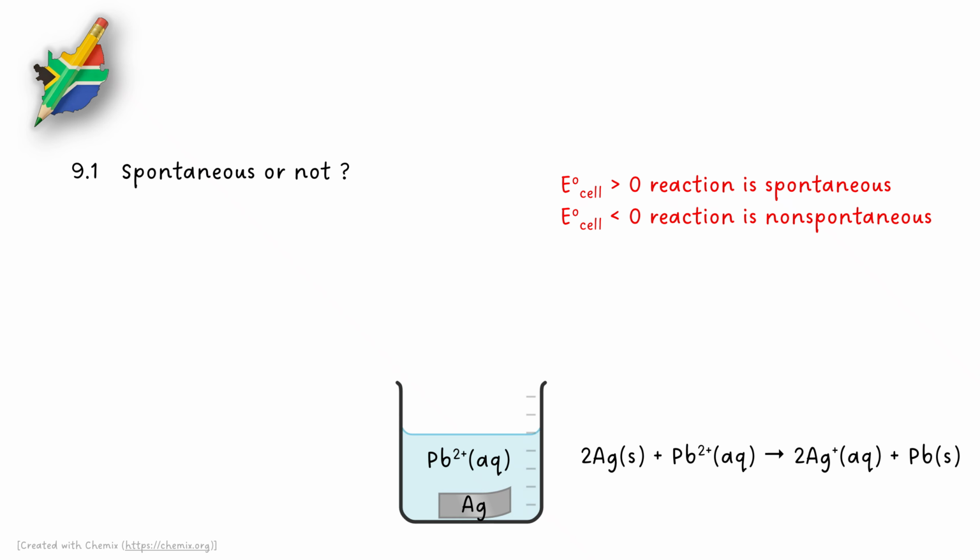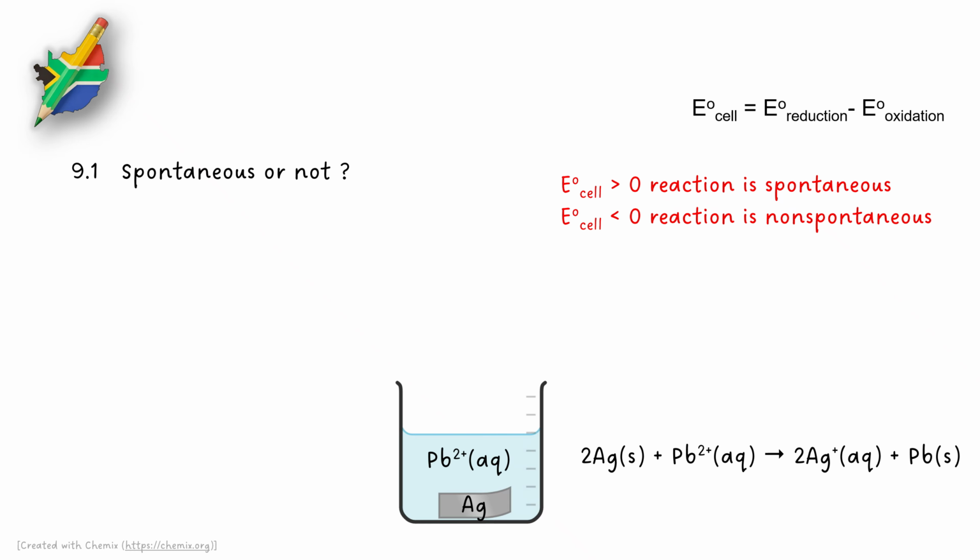A non-spontaneous reaction would require the input of external energy to drive the reaction. We can find the equation for cell potential in the data sheets. It is E cell is equal to the electrode potential of the cathode minus the electrode potential of the anode. Or we can say the electrode potential for the reduction process minus the electrode potential of the oxidation process.